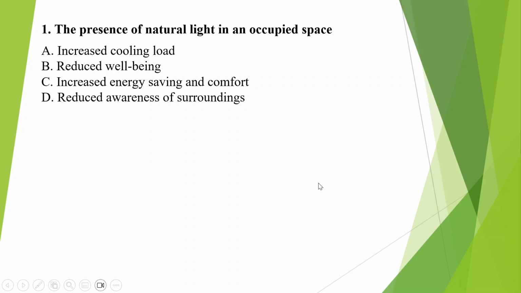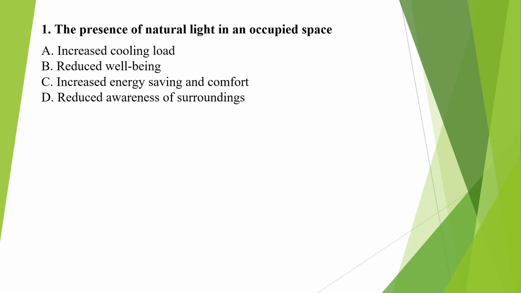The correct answer for question number 1 is option C: the presence of natural light in an occupied space helps increase energy saving due to reducing the lighting load, and also provides comfort, like visual comfort, to the occupants. So this will help you overall in daylight improvement and occupant well-being.